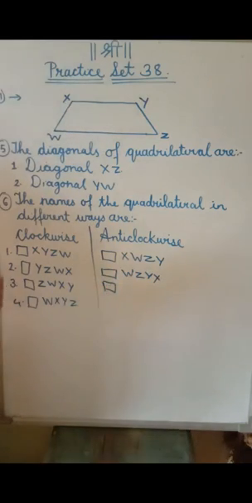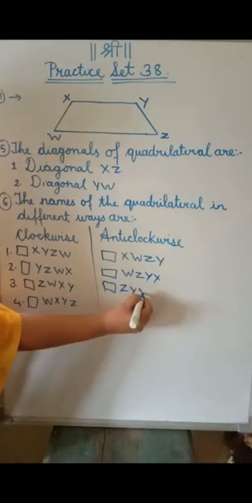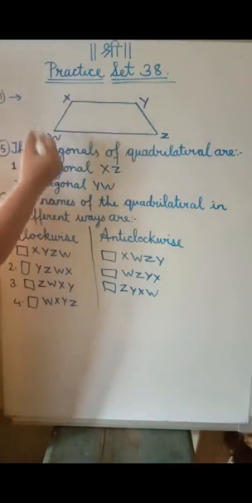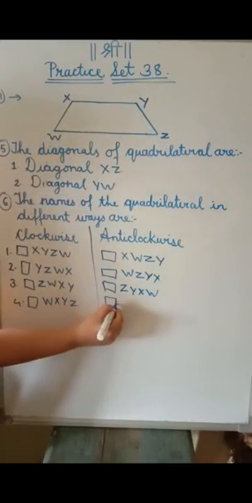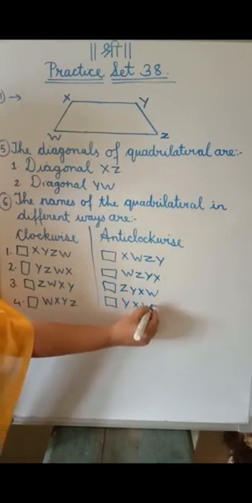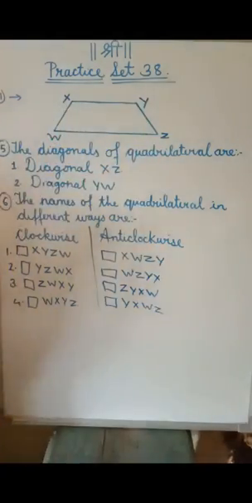Quadrilateral next one, can you tell? Yes, ZYXW. And last, very good, YXWZ. So here in total we have 8 different names of the quadrilateral.